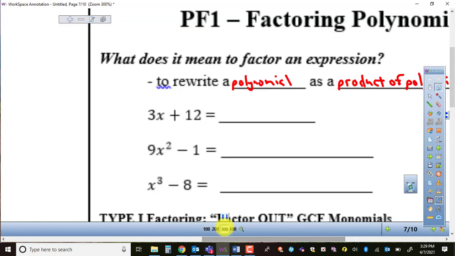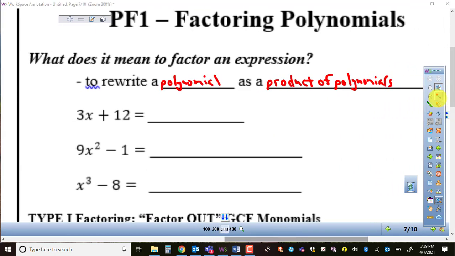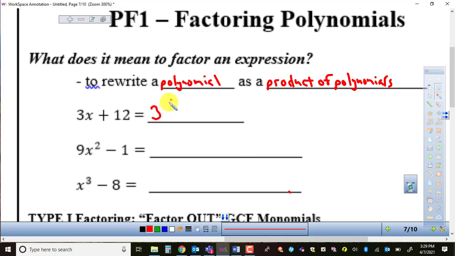So let's look at a couple examples. Anytime we want to rewrite a polynomial, we're going to break that into factors. So for instance, 3x plus 12 could be written as the product of 3 and x plus 4. 9x squared minus 1 could be written as the product of 3x plus 1 times 3x minus 1.